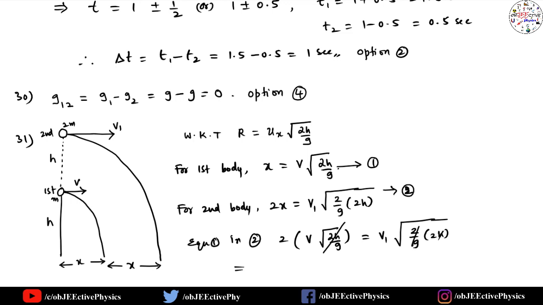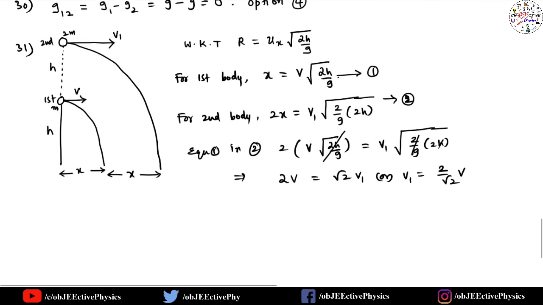Then what is remaining? Left side 2v remaining, right side root 2 v1 remaining, and we want v1. So v1 is equal to 2 divided by root 2, times v. Numerator 2 can be written as root 2 into root 2. Therefore, velocity of the second body is equal to root 2 v. That is option 4.